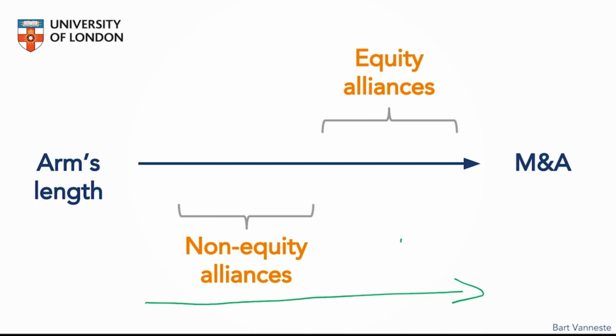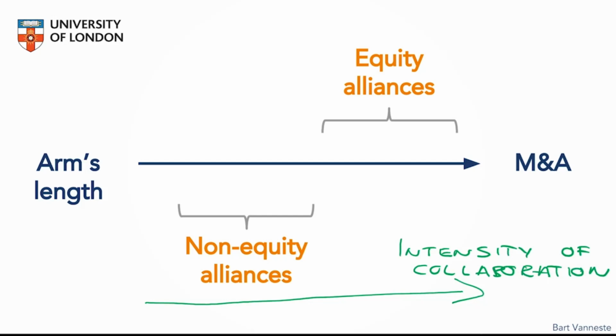The first thing is that the intensity of collaboration between firms increases. So let me just add that here. The intensity of collaboration goes up as we move from the left to the right.